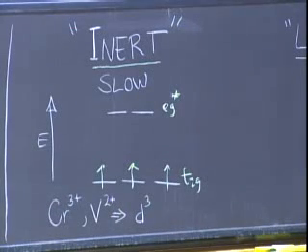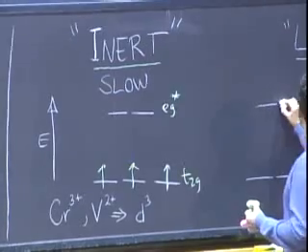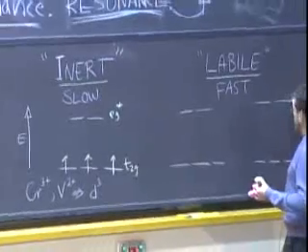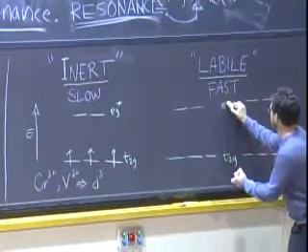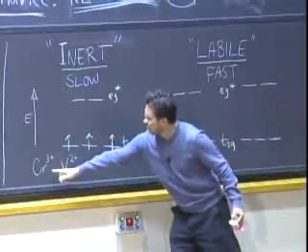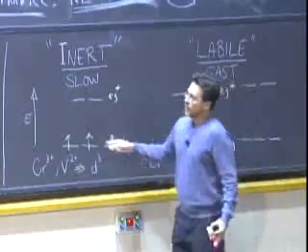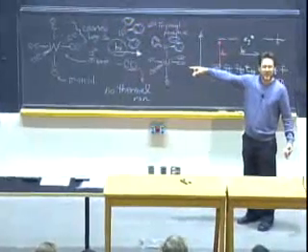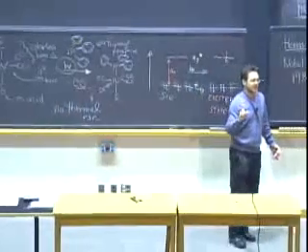Okay? And then we have 2 more cases to discuss. And again, here's our t2g and our eg*. And notice that if we go from chromium 3+ to chromium 2+, we go up 15 orders of magnitude in ligand substitution rate just by changing the charge by 1 unit.